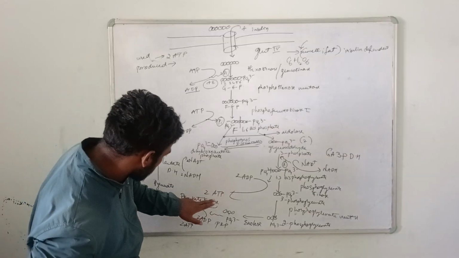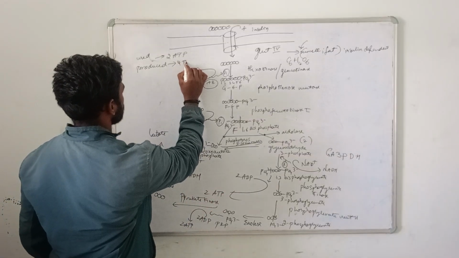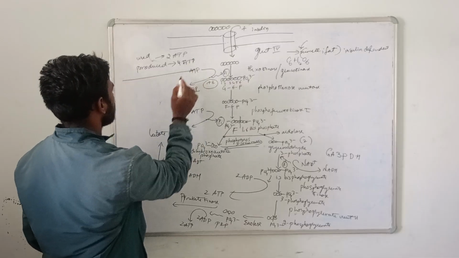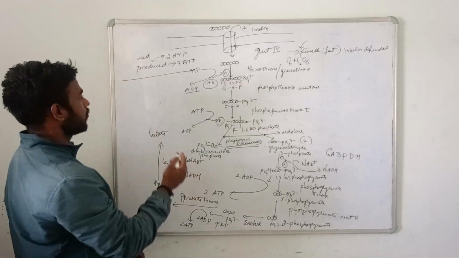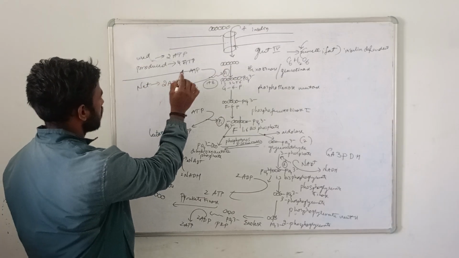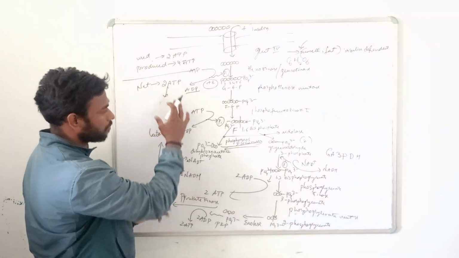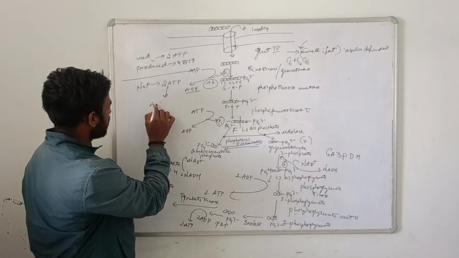See here 2 and in this step 2. So totally 4 ATP are produced. And entirely, if you look at the net ATP produced, it is only 2 ATP molecules.